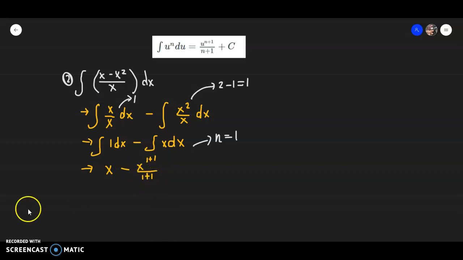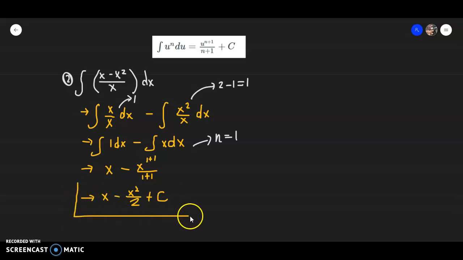So, simplify, we have x minus x squared all over 2 plus c. So, don't forget yung constant na c. So, ito na yung final answer ng given function natin.